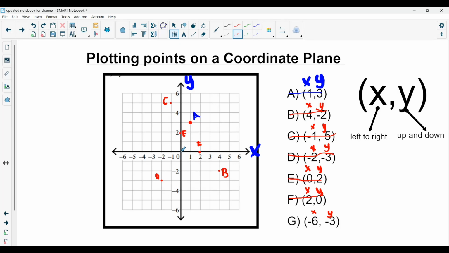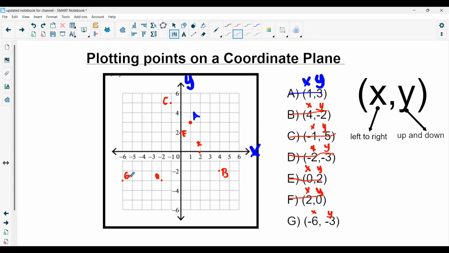Okay. And if it's negative, we're going to go over here with the negative numbers. So let's go over 6 spaces to the left. 1, 2, 3, 4, 5, 6. And then our Y is -3. Remember, for Y, we move up or down. So think about it. If it's negative, which way are you going to move? We are going to move down. And here goes the letter G.